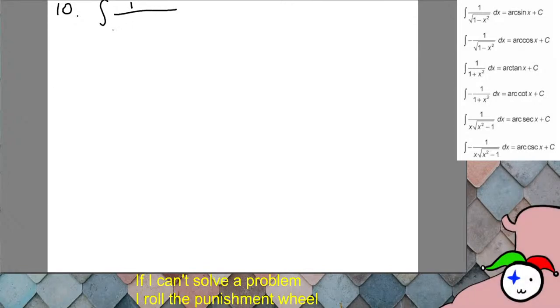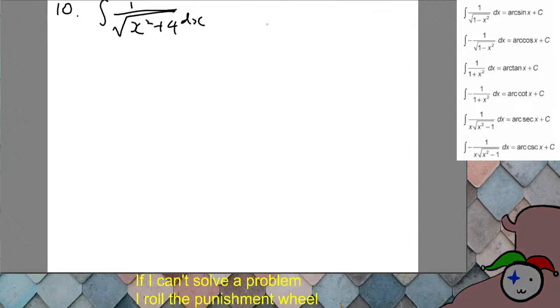Alright, so the next one that we have, number 10, is 1 over the square root of x squared plus 4 dx. Now, right off the bat, is this perhaps one of the equations that I could be looking at the top? Because it seems like it could be. Maybe not. So how would one solve this?